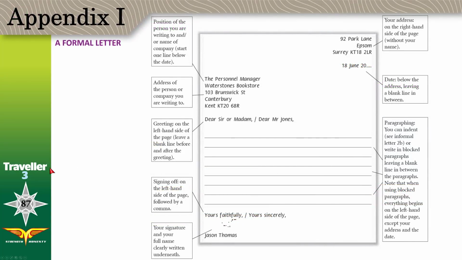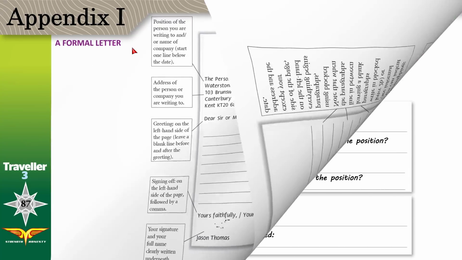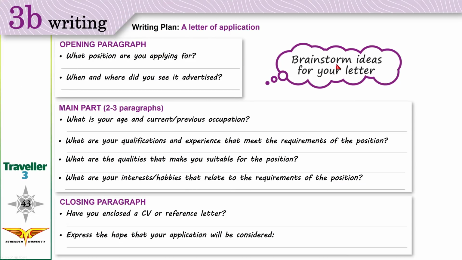Or you can turn to page 87 and you will find everything you need to learn how to arrange your formal letter. Now, brainstorm ideas. Try to come up with ideas for your letter. By answering these questions, we come up with ideas that would help us with our writing.